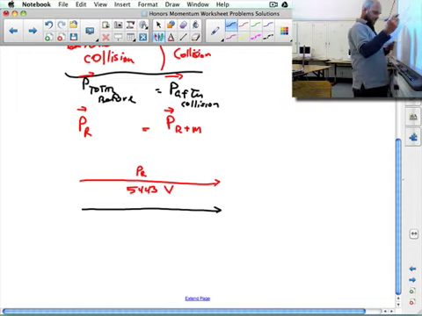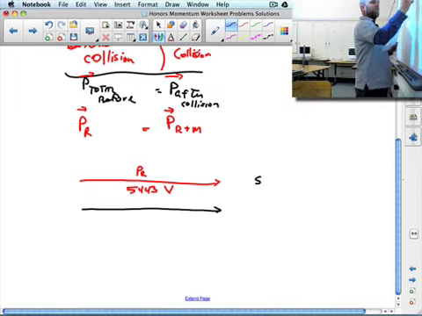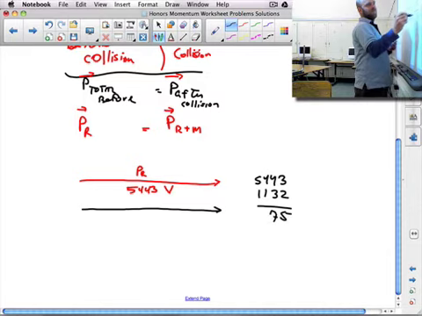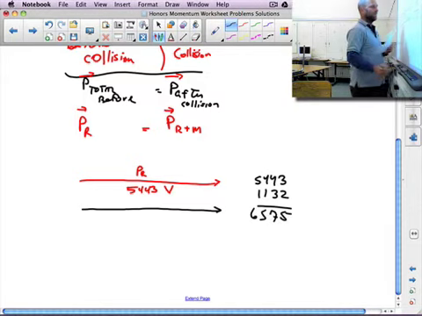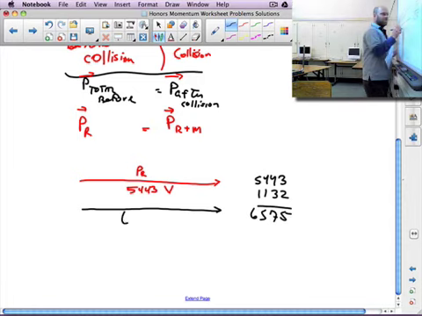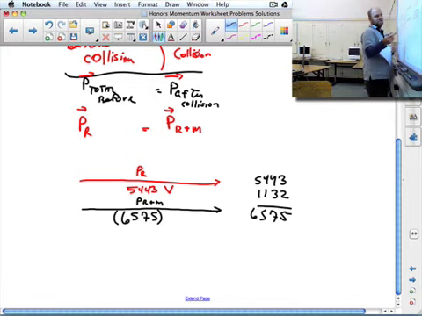So I'll need to add up the masses. I got 5443 because they stick together, right? 1132. This is 5, 7, 5, 6, right? So it's going to be 6575. That's the mass. What I'm doing is I'm finding the momentum of the Ram and Mini stuck together, right?